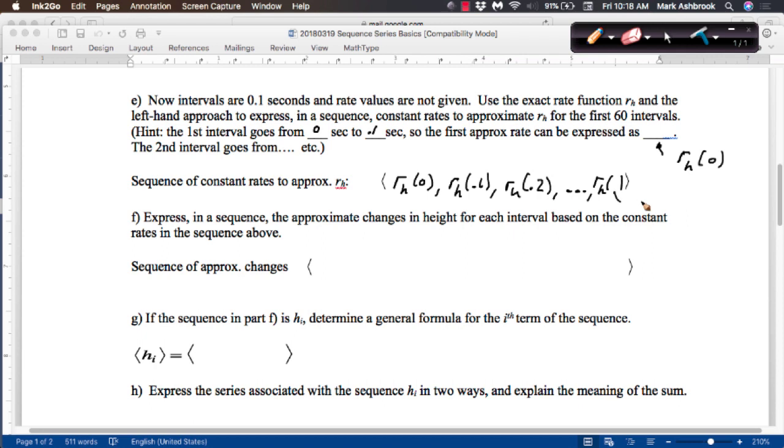That would be extra bonus if you figured that out. So the last one would be r sub h of 5.9, from 5.9 seconds to 6 seconds, since we're doing the left side.